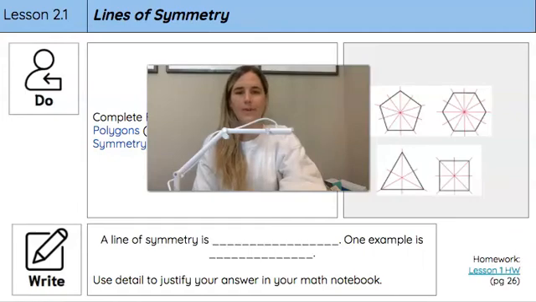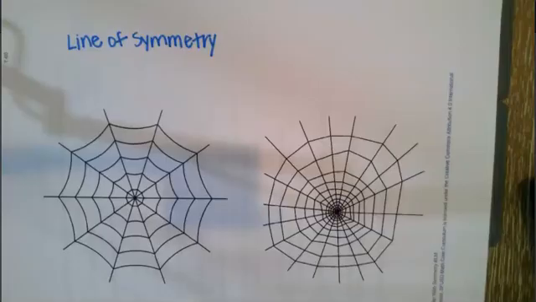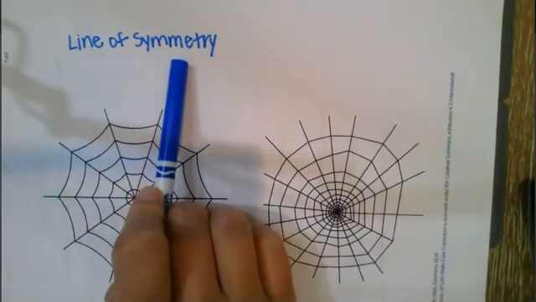Today, we are going to focus on identifying the line of symmetry in different polygons. What do you think line of symmetry means?